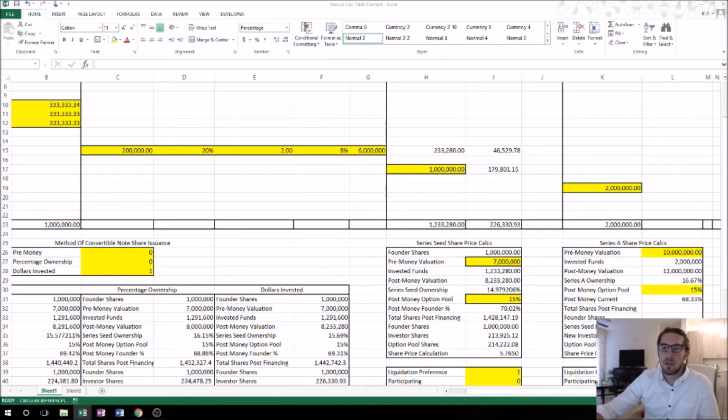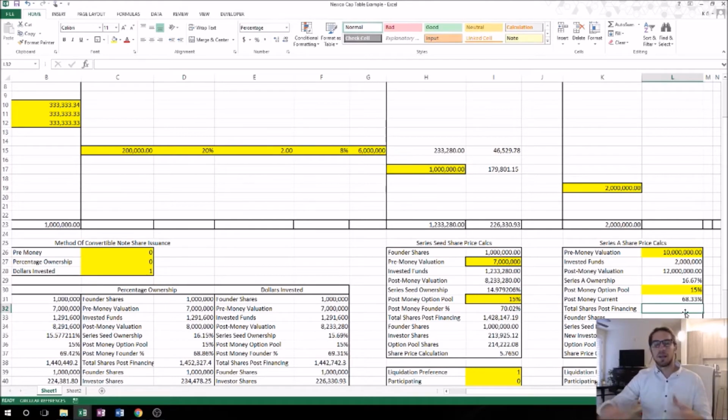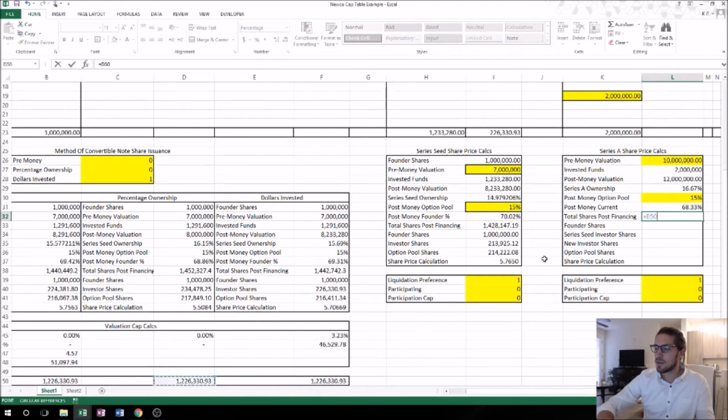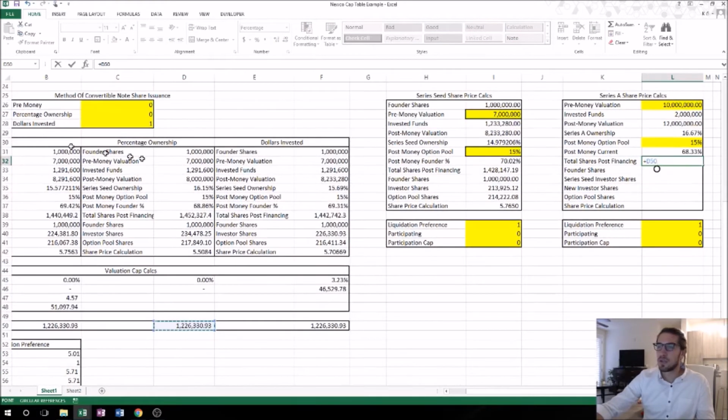So now we've got to go into total shares post-financing. The way we get total shares post-financing, as I mentioned previously, is we reference how many shares are outstanding before the financing. That's what we calculated way over here for each of the 3 methods.